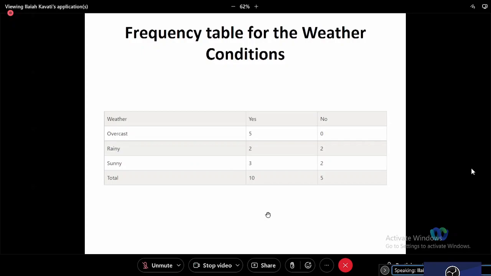the frequency table for the given weather conditions. If the weather is overcast, play was there for 5 times out of 5 situations. There are totally 14 records. In that, when the weather is overcast, every time play was there.